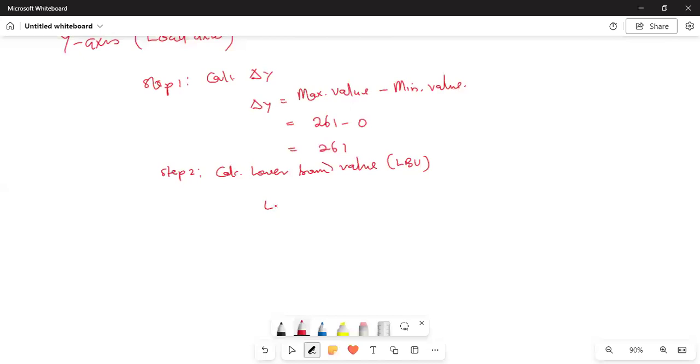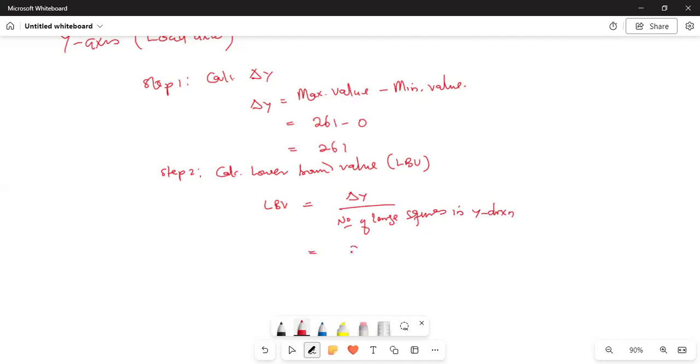So LBV is equal to change in y over number of large squares in y direction, okay?